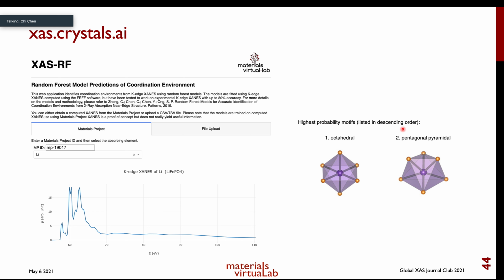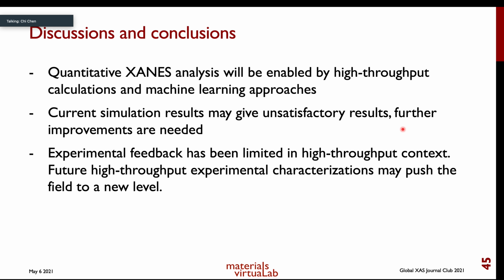It works similarly to what we have in the XAS matching app. Basically, you upload the spectrum, then the website will be able to tell you what local environments the spectrum most likely corresponds to within about 1 second.